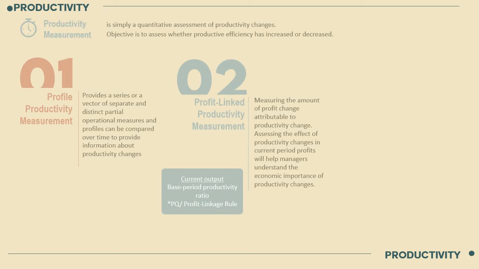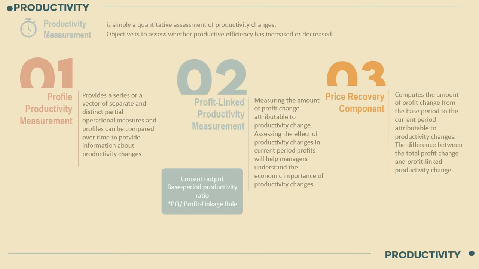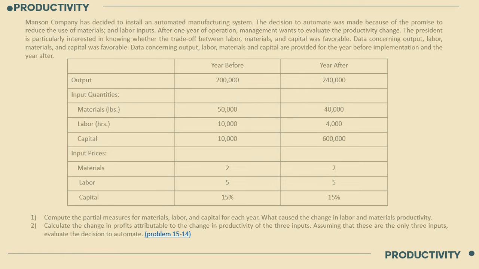And the formula for this is current output over base period productivity ratio, which also pertains to the PQ or profit linkage rule. And onto the third one, which is price recovery component, which computes the amount of profit change from the base period to the current period attributable to the productivity changes. The difference between the total profit change and profit-linked productivity change.